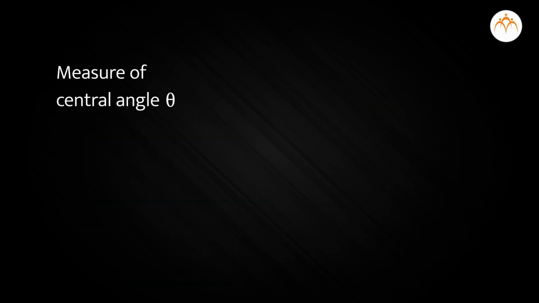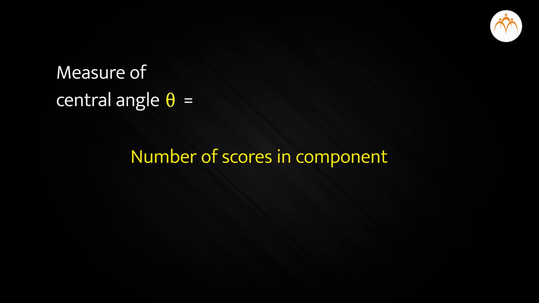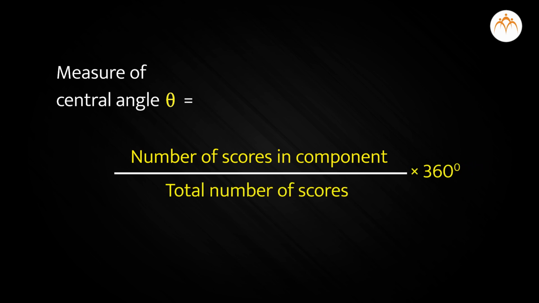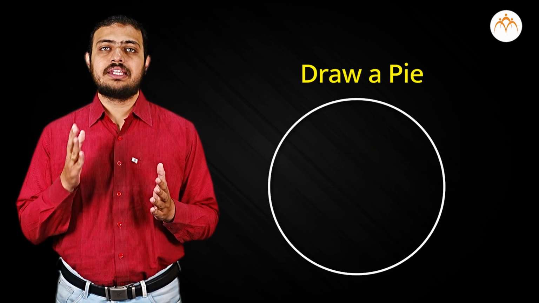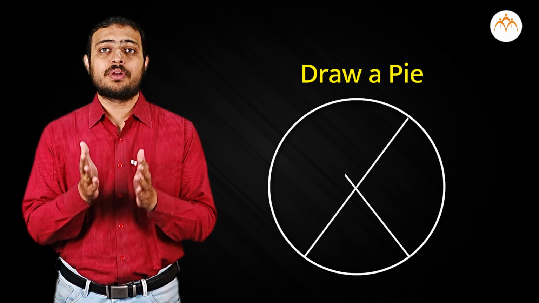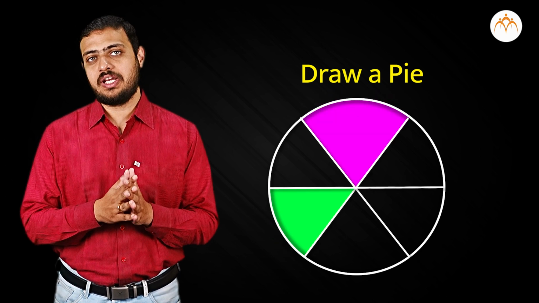Points to remember. Every component of a data is shown by a sector associated with it. The measure of central angle theta is equal to number of scores in component divided by total number of scores into 360 degrees. To draw a pie diagram, the whole circle is divided into sectors proportional to the components of the data.